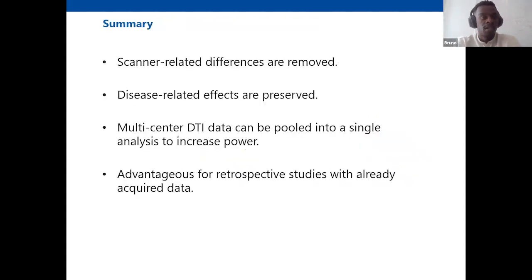So if we move to my next slide, I conclude by saying that the method that I showed you here, I left it as a black box, but this method is very advantageous because we apply it on the raw diffusion signal rather than on individual metrics. So we apply it at the beginning of the processing pipeline, and we don't have to do this multiple times. And this is very advantageous for retrospective studies that want to use already acquired data to answer new research questions.